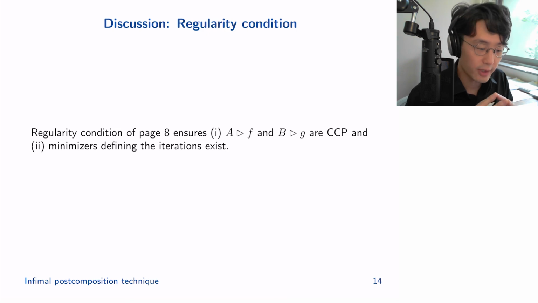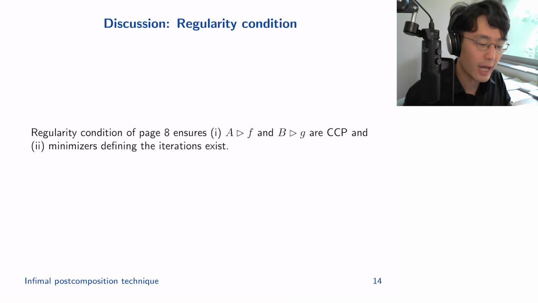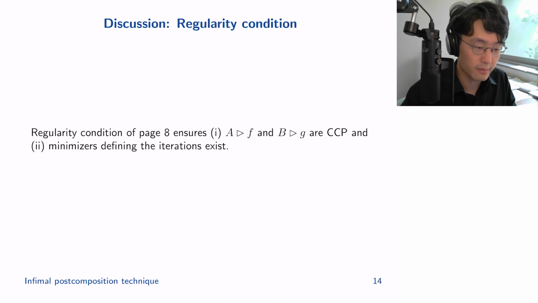Now, these regularity conditions are necessary in the sense that they're used to ensure that the IPC of F by A and the IPC of G by B are CCP functions, and that the minimizers defining the iterations exist.